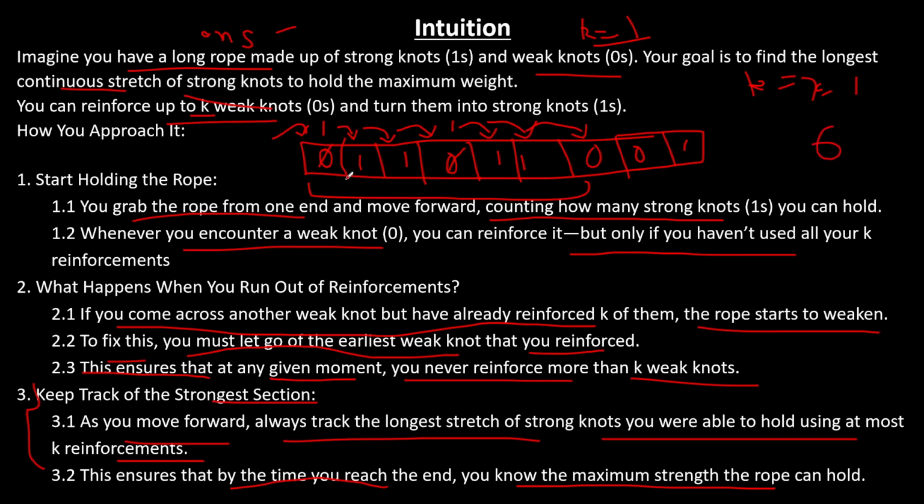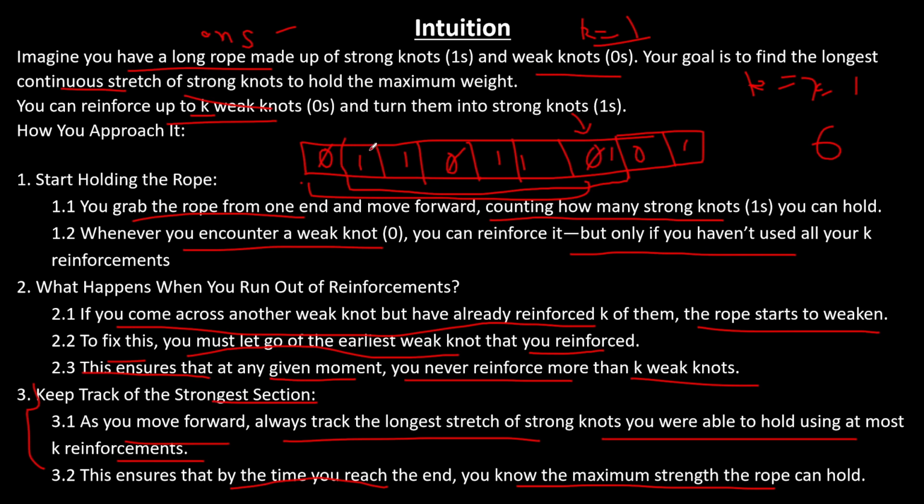Now he thinks that if I weaken the first knot which I received, the k value will increase by 1, and I can use that one for the further weak knots which I get on the way, right? So he just removes this weak knot and comes here, right? And then he is able to use the weak knot present here and convert it to 1.